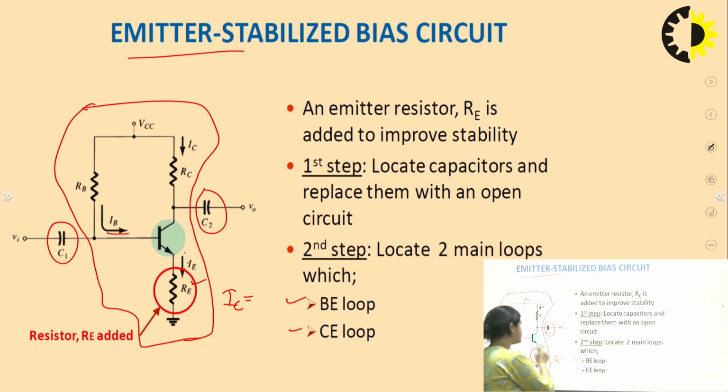Here this emitter resistance is known as the stabilization factor, or this will provide a negative feedback to the circuit that will reduce the gain, but definitely will enhance the stability.